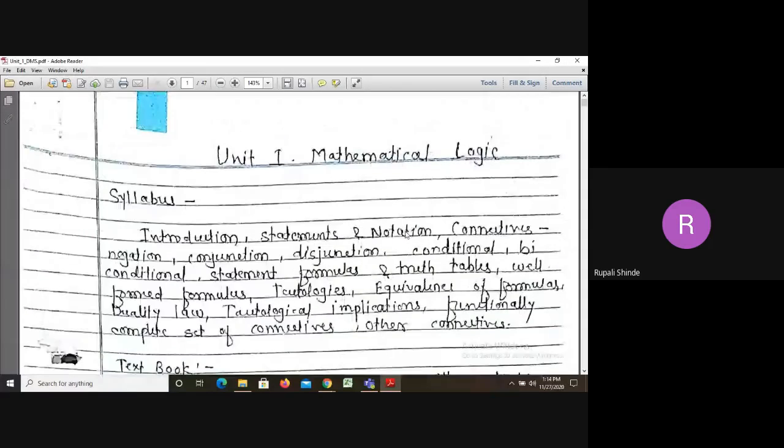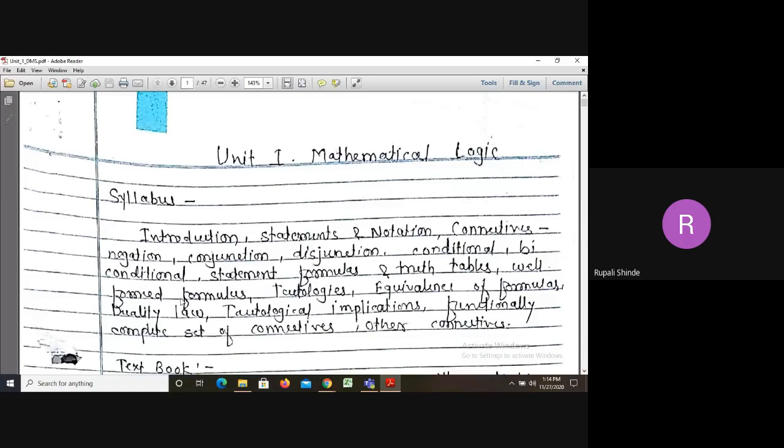So in this chapter, what we have seen in the introduction part, we have seen what is statements and notations. Then we have seen different type of connectives, that is negation, conjunction, disjunction, conditional, biconditional, and for each and every one of these connectives, we have seen definition, truth table, and examples.